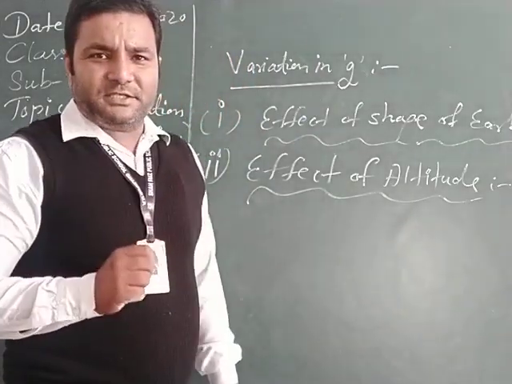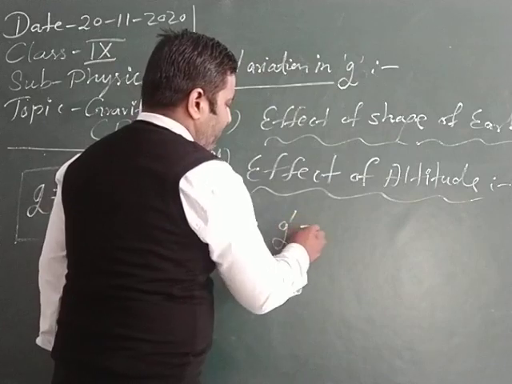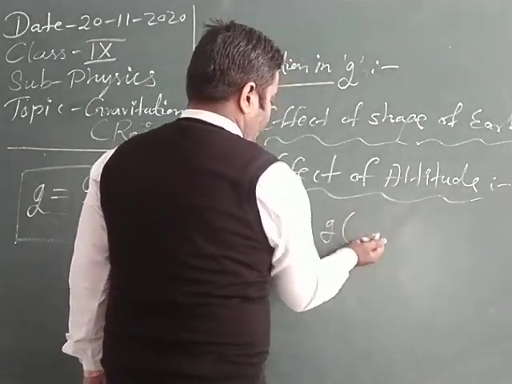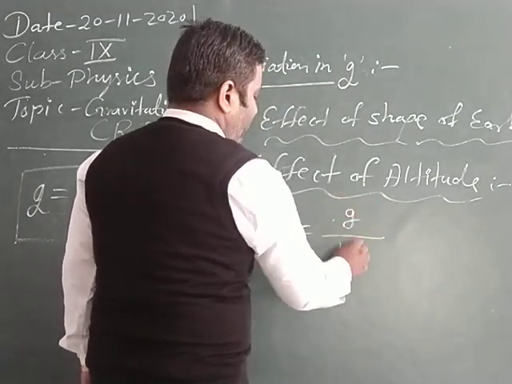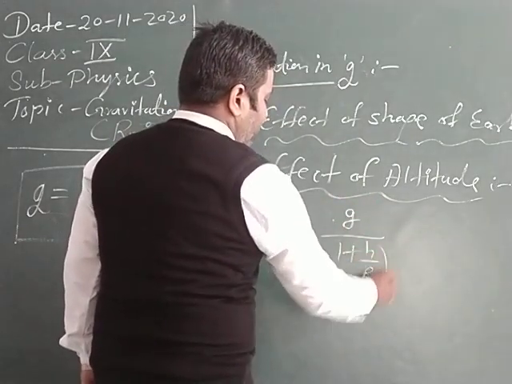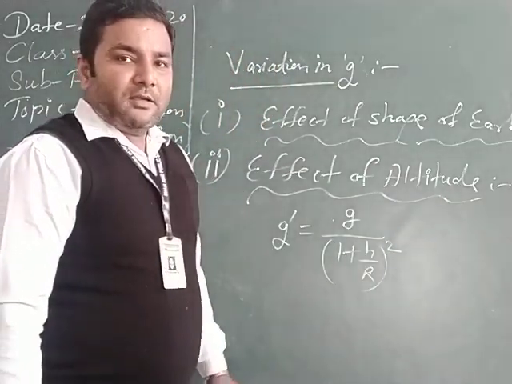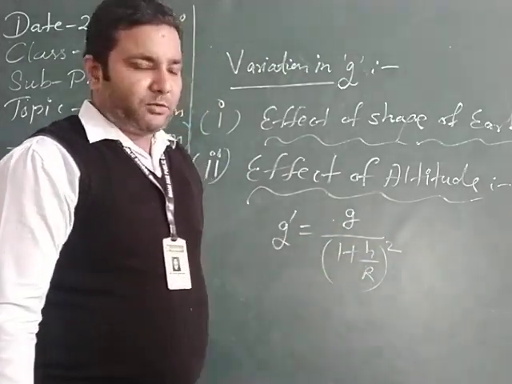For the variation in g, there is a special formula. g dash is equal to g upon 1 plus h upon r whole square.